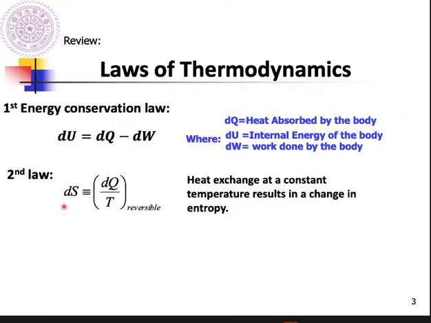This second law tells you that you can predict the direction of your system by calculating the entropy. If it is a reversible process, the change of entropy will equal 0. And if the change of entropy is larger than 0, that means the change of entropy is positive, and this process is an irreversible, spontaneous process.